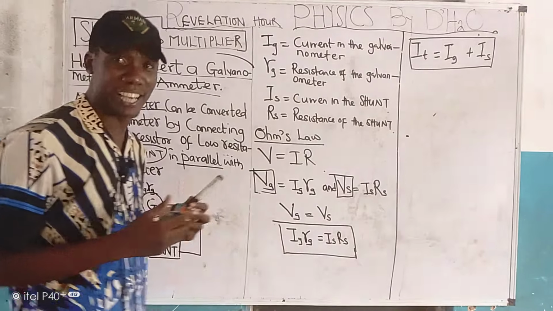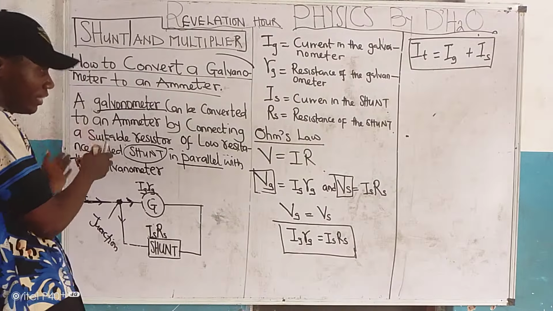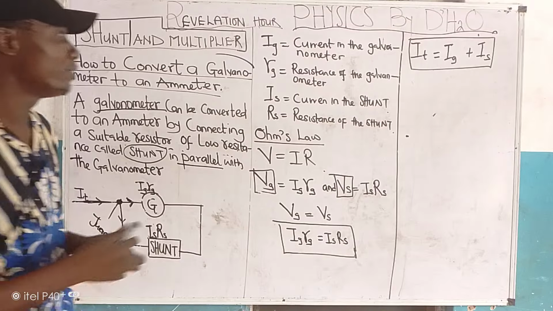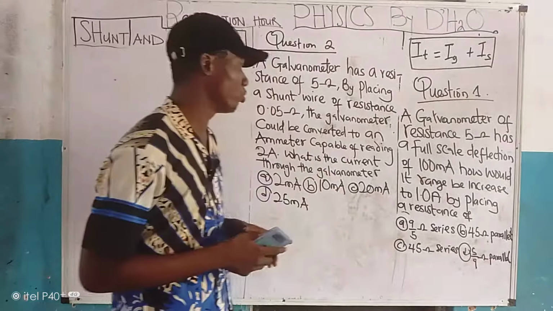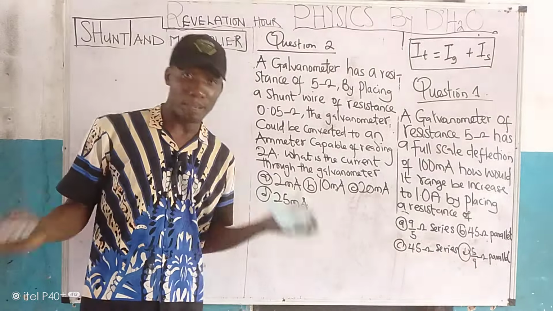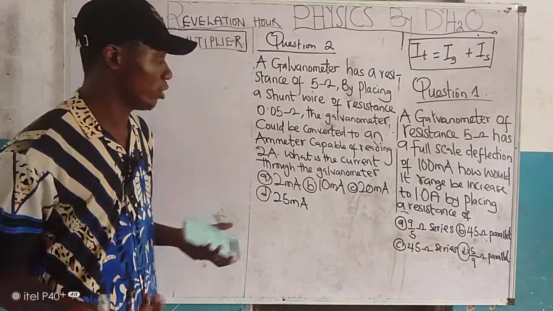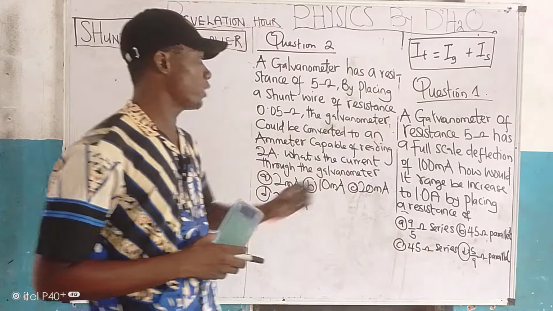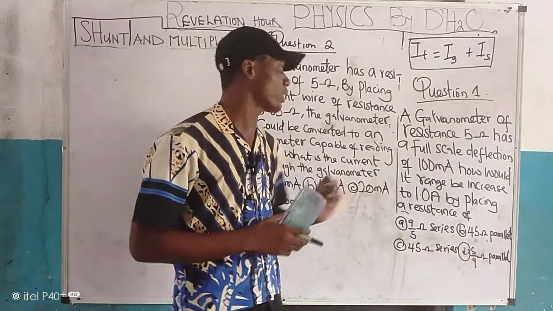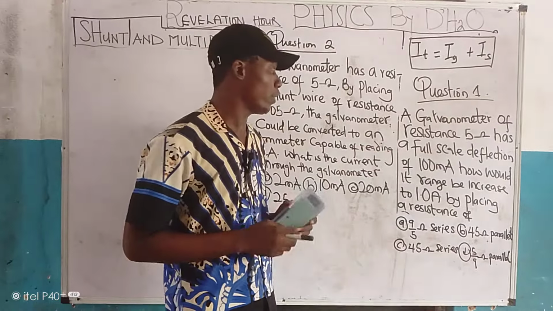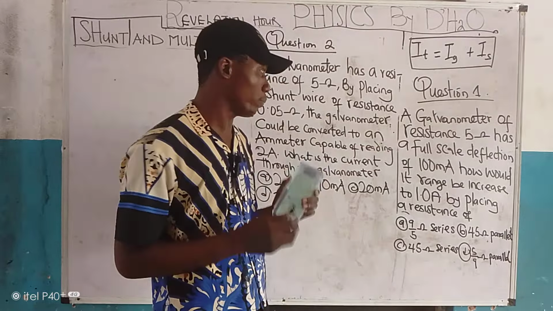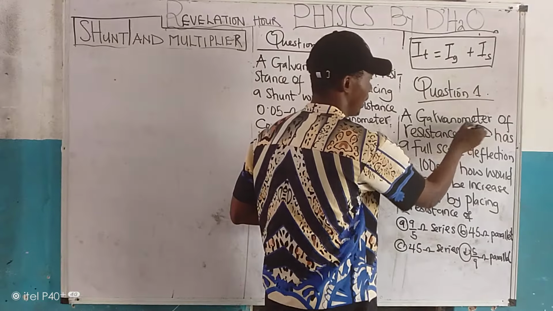Okay, so we are going to take a question on these subtopics. Now let's take this first question on the conversion of a galvanometer to an ammeter by using a shunt wire. The first question says a galvanometer of resistance 5 ohms. Now if we want to solve this question, it will be important that we bring out our parameters.